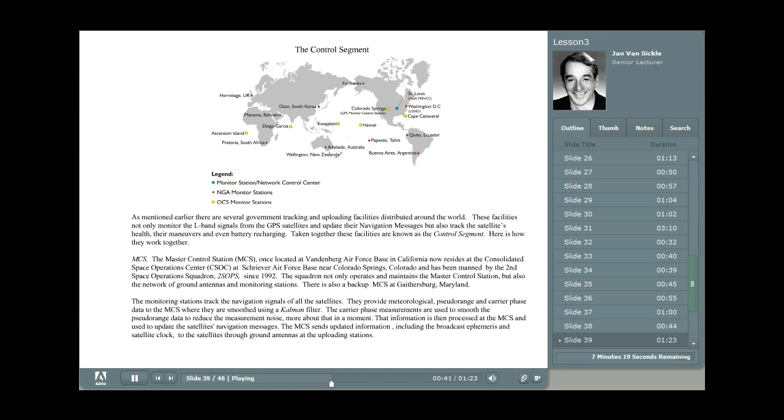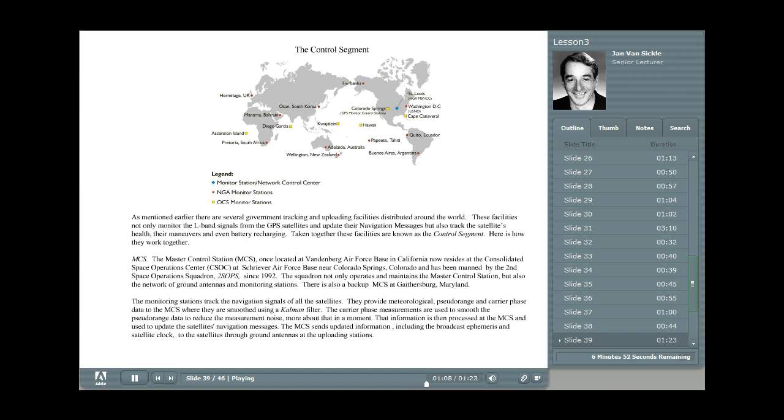The monitor stations track the navigation signals of all the satellites. They provide meteorological, pseudorange, and carrier phase data to the master control station, where all of this is smoothed using Kalman filtering. We'll talk a little bit about that. The carrier phase measurements are used to smooth the pseudo-range data to reduce the measurement's noise.